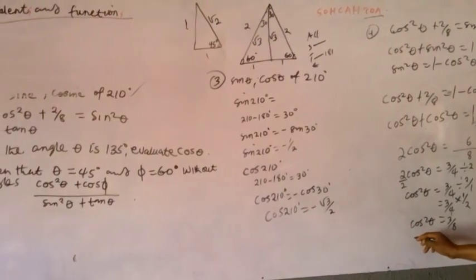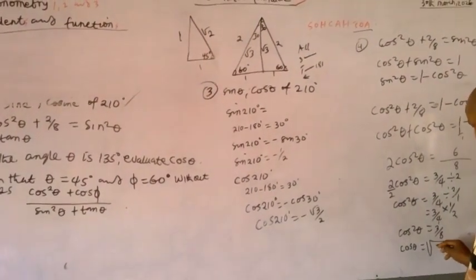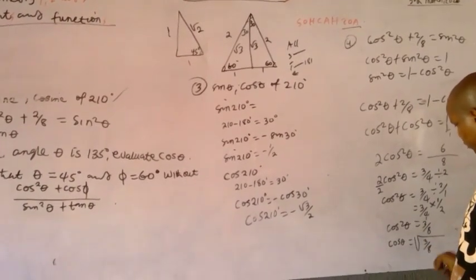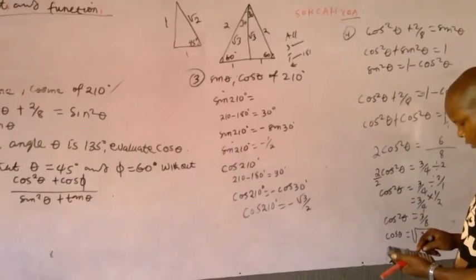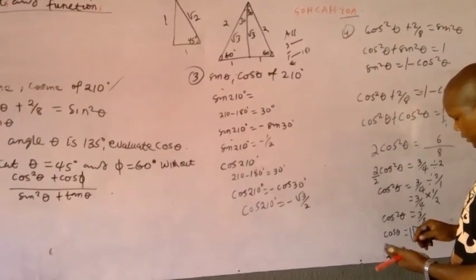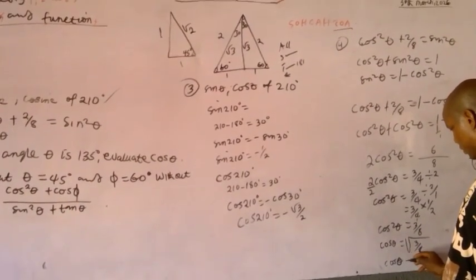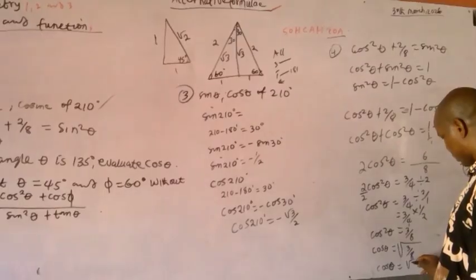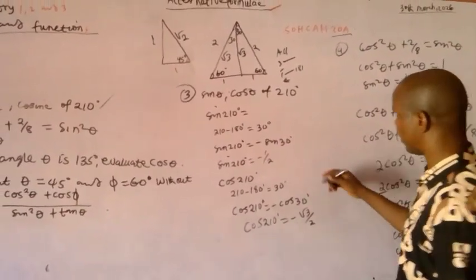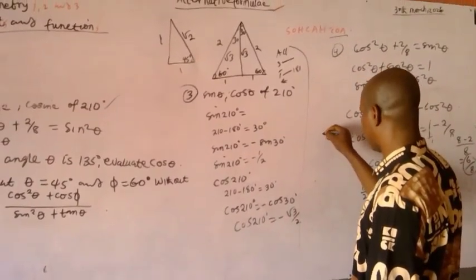For you to get cos theta alone, we take the root of 3 all over 8. If you check, the root of 3 divided by 8 is the same thing as cos theta is equal to root 6 all over 4. Okay, so just come back and, as part of the solution for that, draw a little sketch of a diagram.